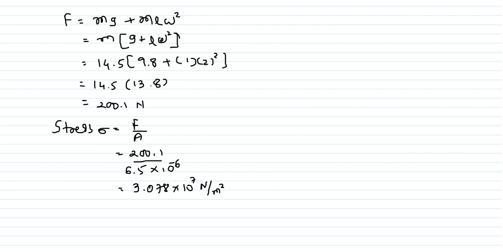Okay, now Young modulus is equal to stress upon strain, stress upon delta L upon L. You want to find out delta L, that is sigma L upon Y. What is sigma?